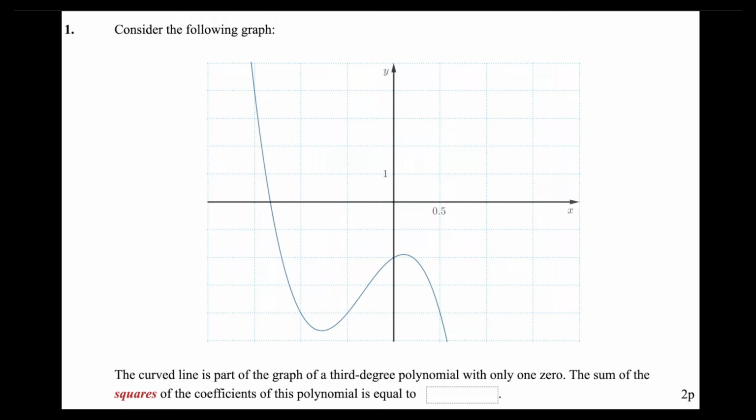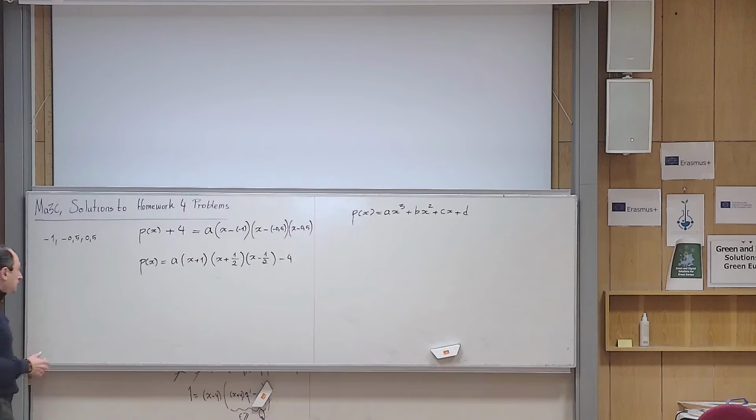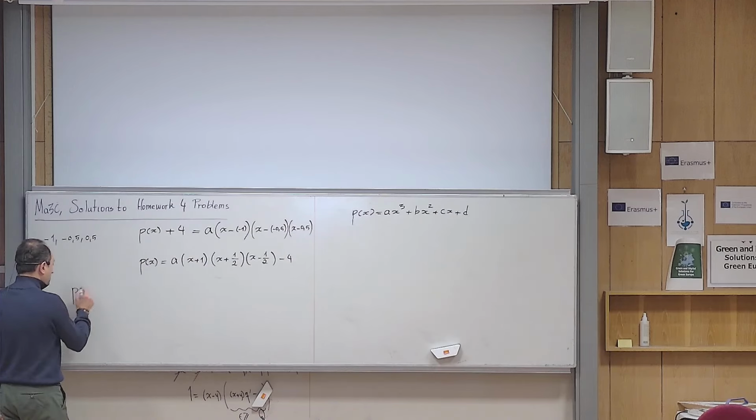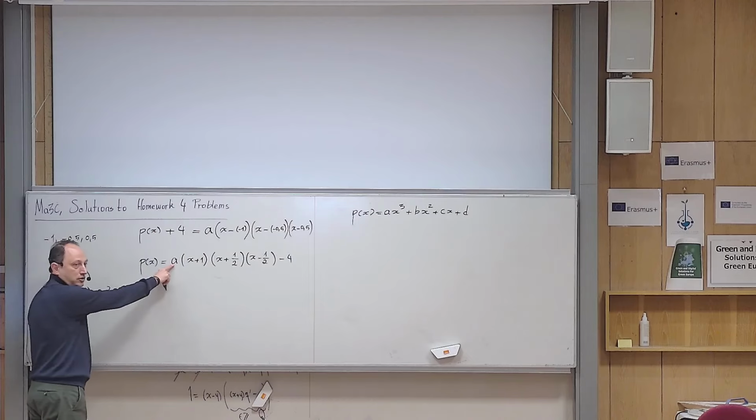Yes? What other piece of information is available? This point. It means that if x is 0, the y coordinate should be minus 2. Yes? By looking at this, you understand that p of 0 is minus 2. This will allow you to fine-tune the last unknown.